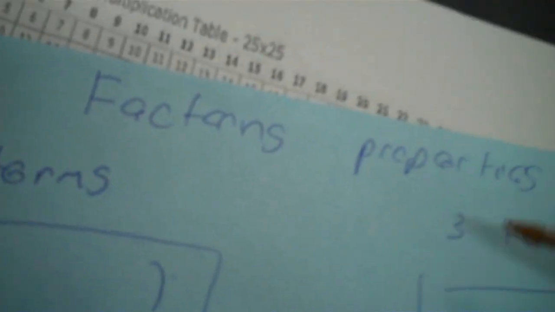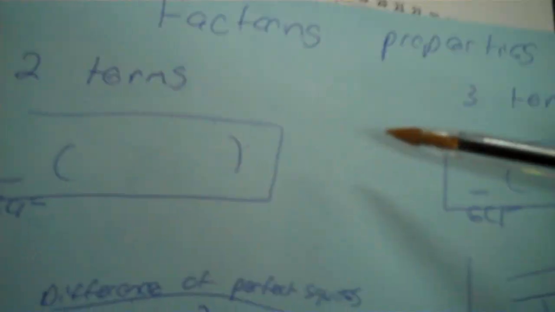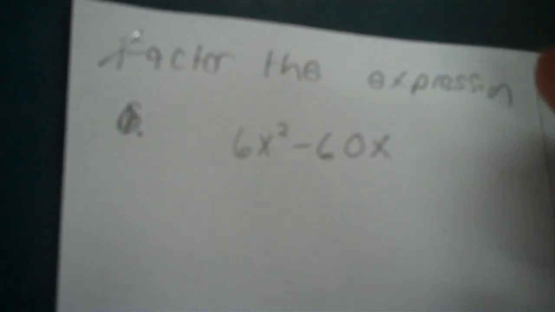Okay, so first off, you'll need your multiplication table, and you also need your factoring properties sheet that I have provided for you. There's either going to be 2 terms or 3 terms in this. So 6x to the second power minus 60x has 2 terms.